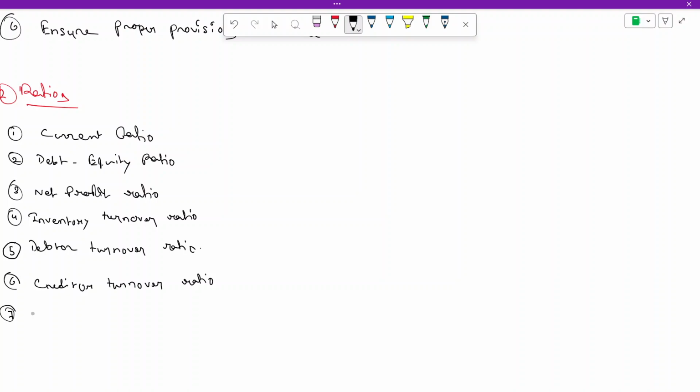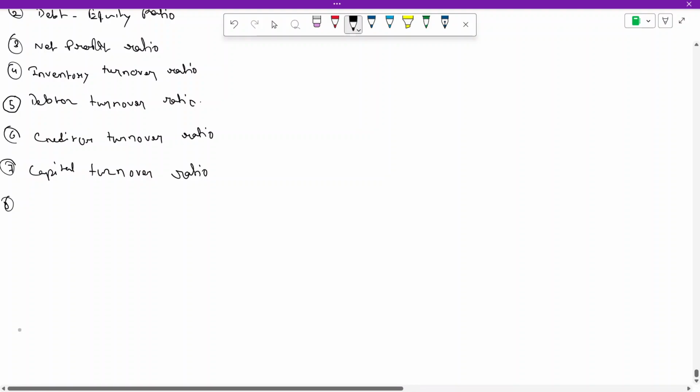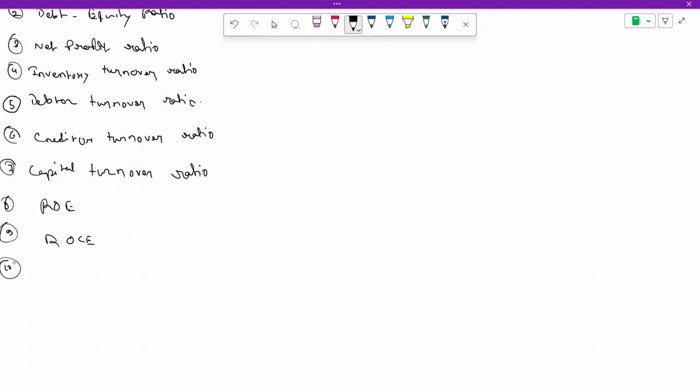Capital turnover ratio, return on equity, nine will be return on capital employed and return on investment.